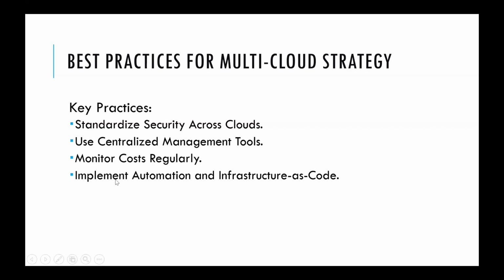Implement automation and infrastructure as code. So you can implement automation and infrastructure as code to get all the features provided by multi-cloud strategy. DevOps and cloud is nothing but automating everything, and automation and infrastructure as code is part of that.